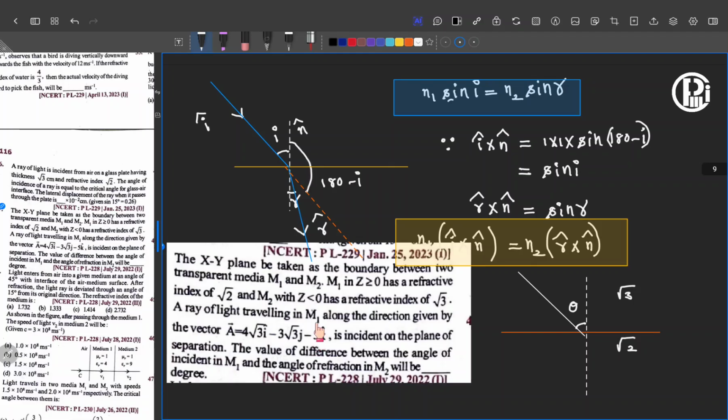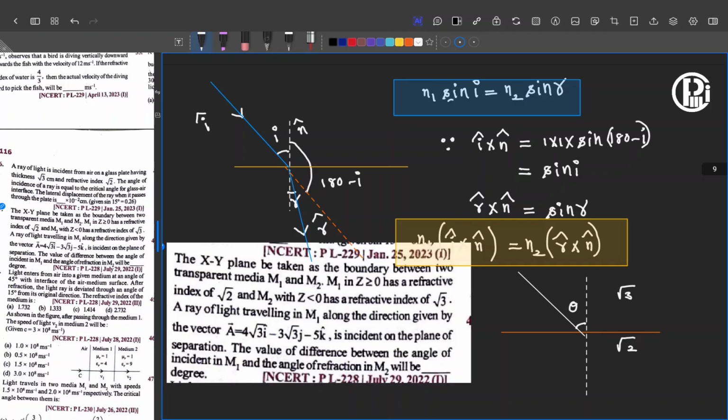The ray is incident from one medium to the other like this, making some angle theta with the z axis. Along the z axis, the component is 5, but it is minus 5 k cap, so maybe it is moving in the opposite direction. Anyway, just keep it, we'll solve it, right?